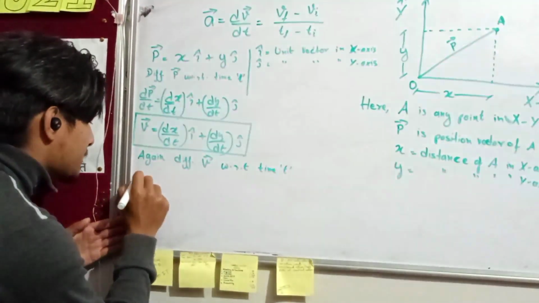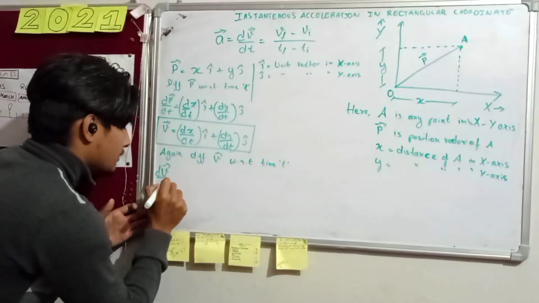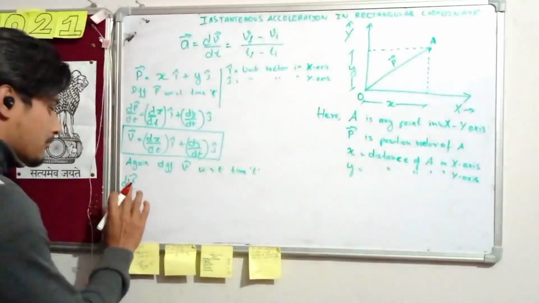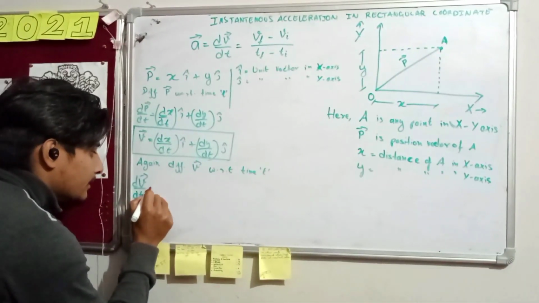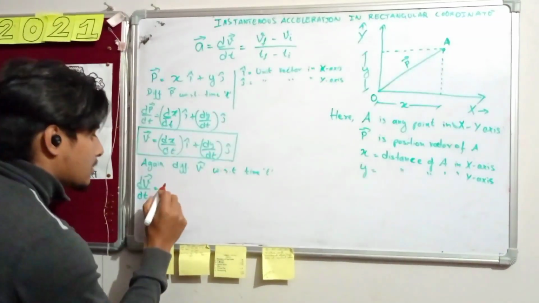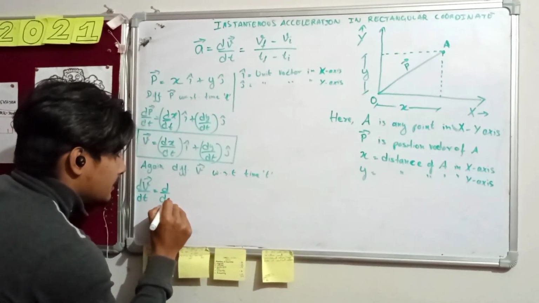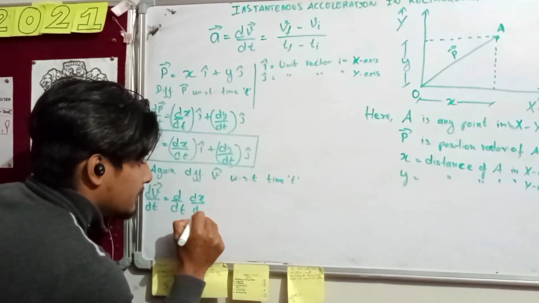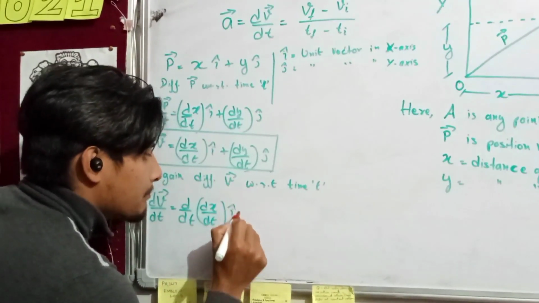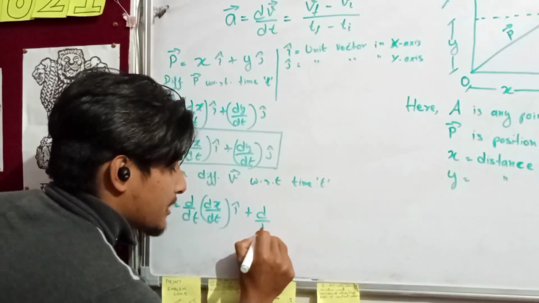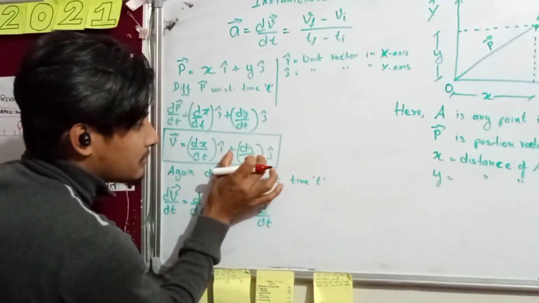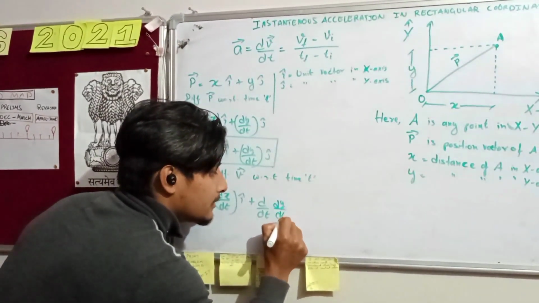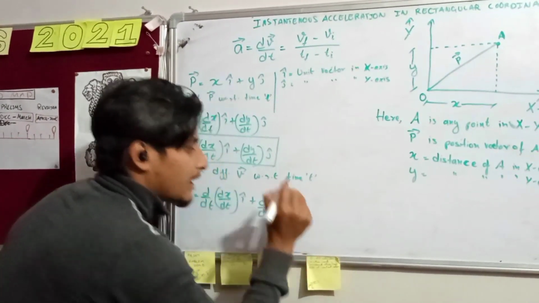So dv divided by dt is equal to, now I'm differentiating this, d by dt of this one: dx divided by dt i cap, plus differentiating with respect to time again, dy by dt j cap, right?